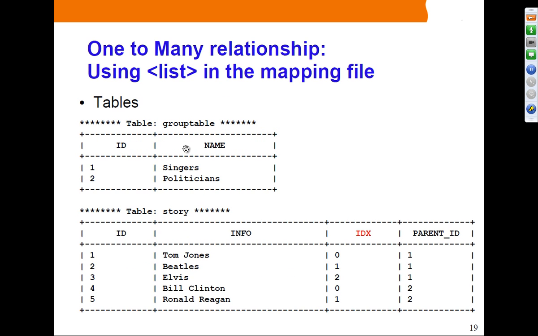When you display the table, you not only have the foreign key column parent ID, but also the index column, which represents the order of these 3 items. And we have 2 items in the other, so these provide the order of these entries.